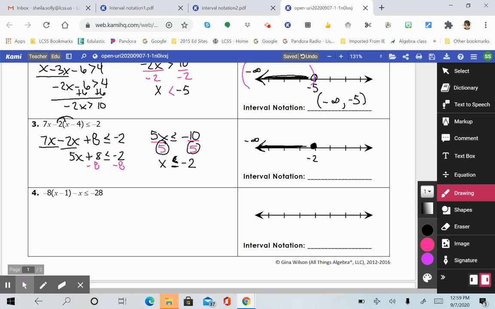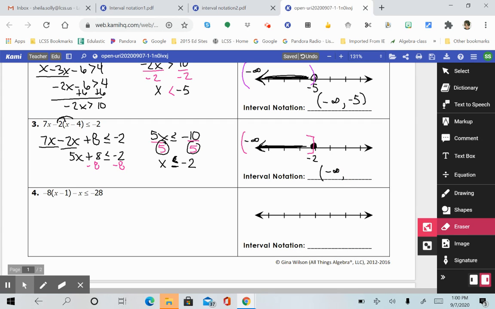Now to get ready for interval notation, parentheses at infinity, brackets at a filled circle. So we're going to write that left to right always, parentheses, negative infinity, comma, negative 2, bracket. This means everything between negative 2 and negative infinity.